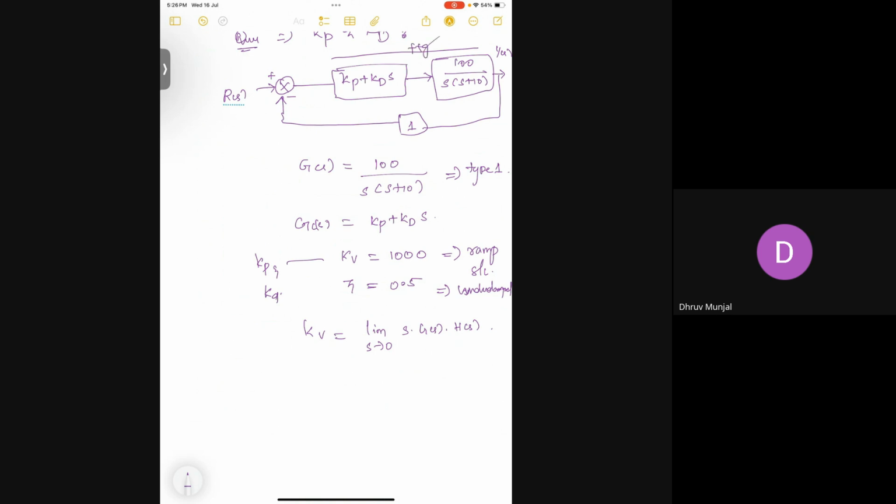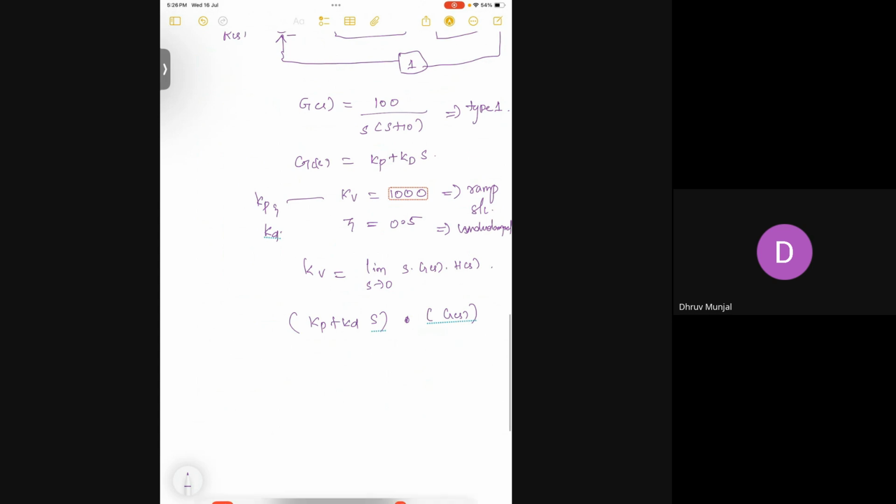So the feed forward gain will be Kp plus Kd of s into this G of s, because all are in the feed forward path. So the open loop transfer function now with the controller becomes G of s is equal to Kp plus Kd into s into 100 by s into s plus 10, right? So this will give you 100 Kp plus 100 Kd s divided by s into s plus 10.